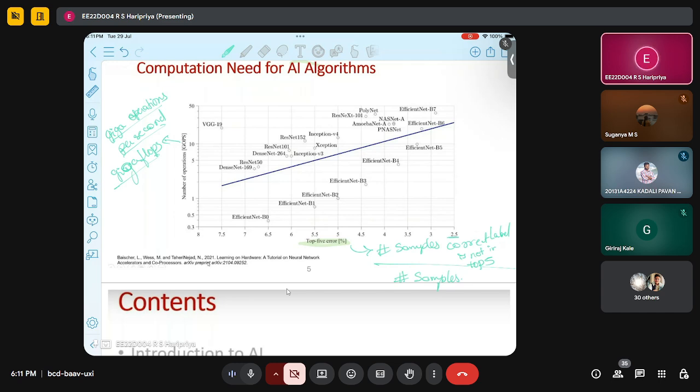To get a linear increase in accuracy, we need an exponential increase in the computation intensity.